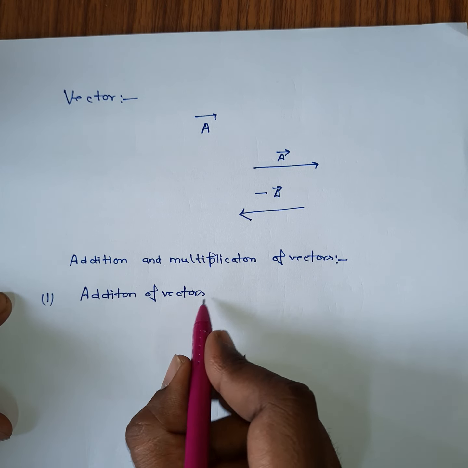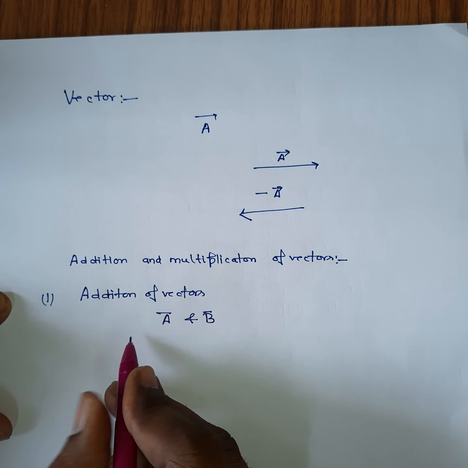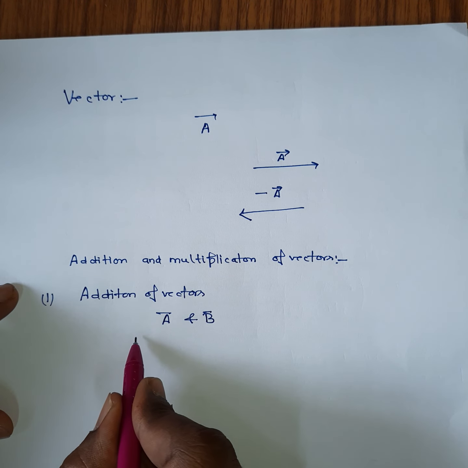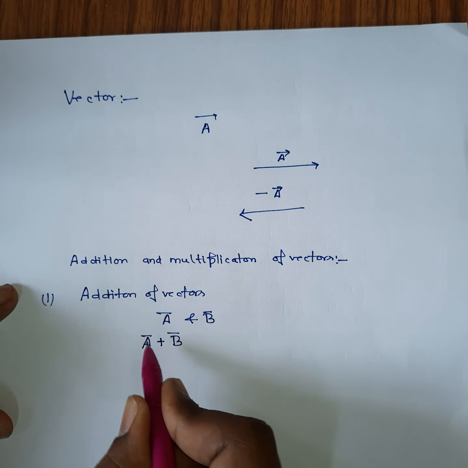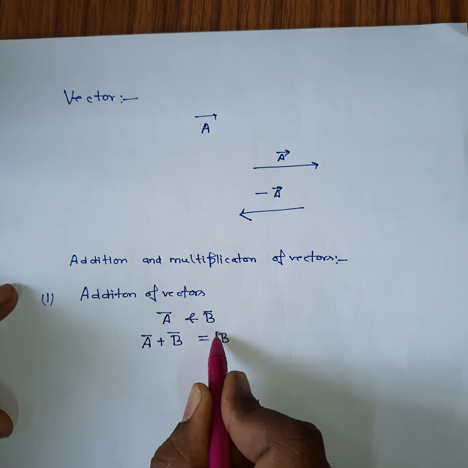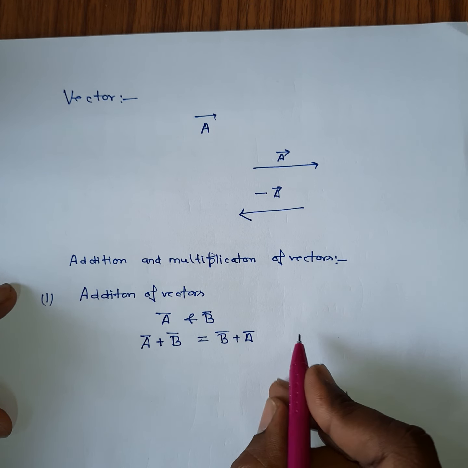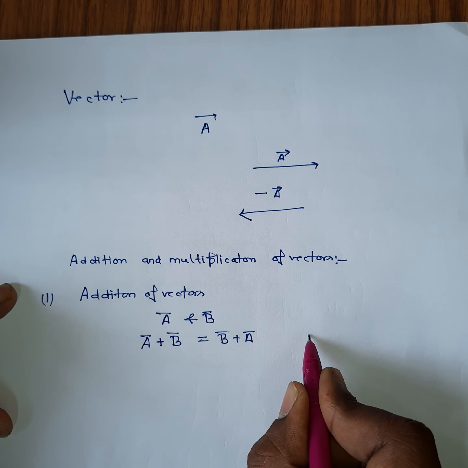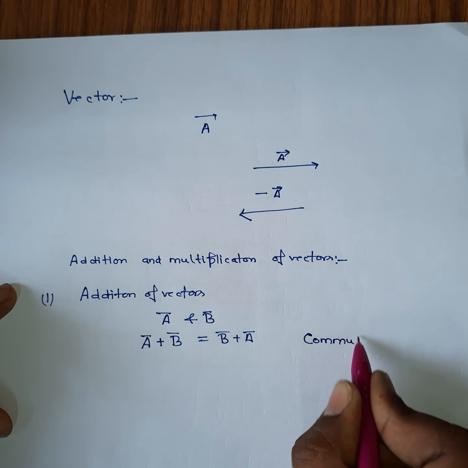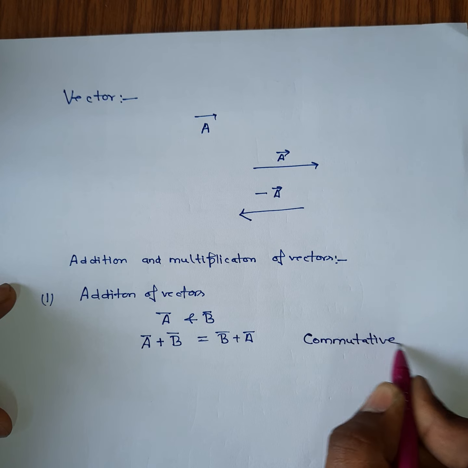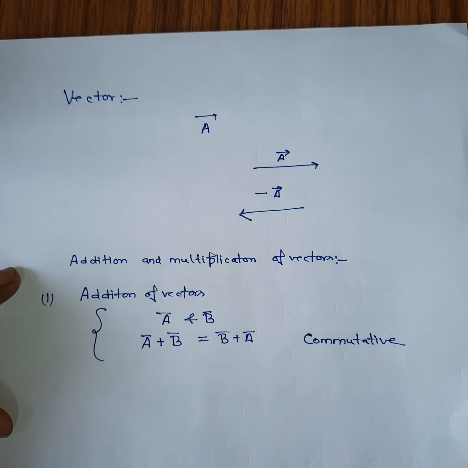You know that if there are two vectors, A vector and B vector, then they follow the rule A vector plus B vector is equal to B vector plus A vector. Therefore, you can say that vector addition is commutative.